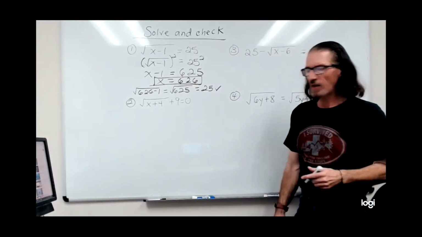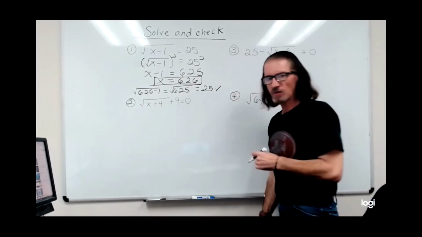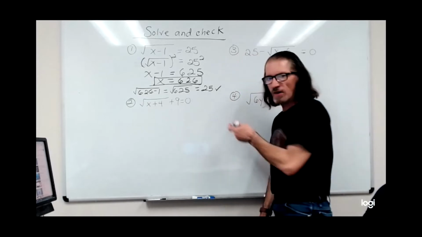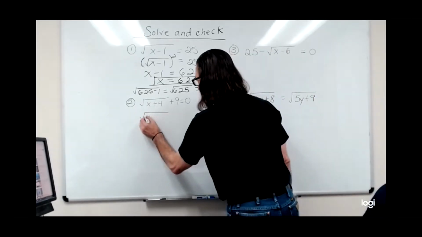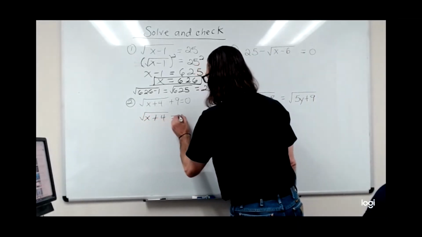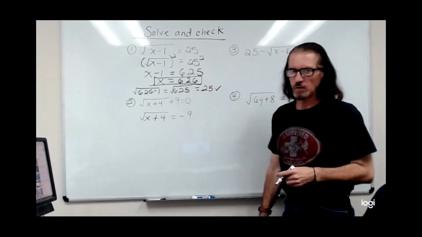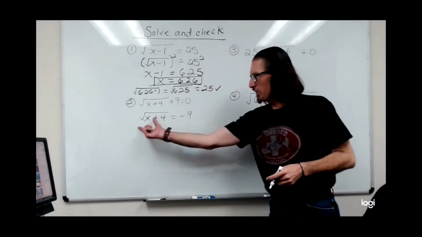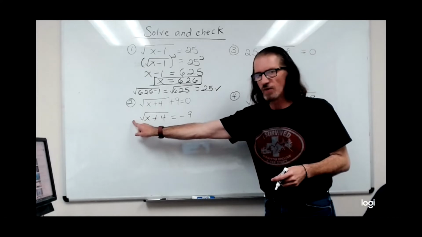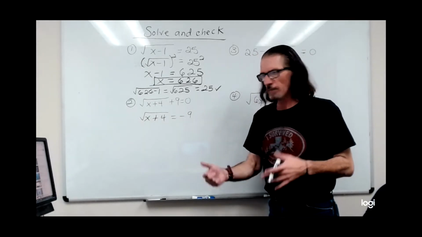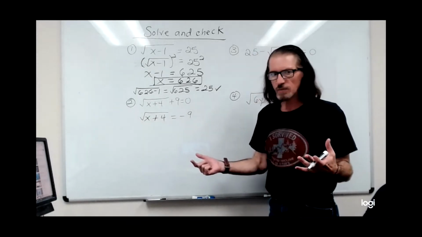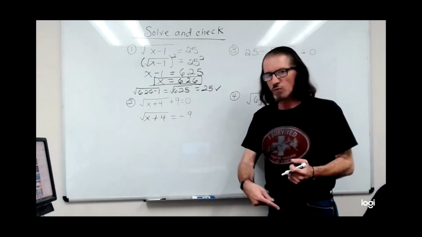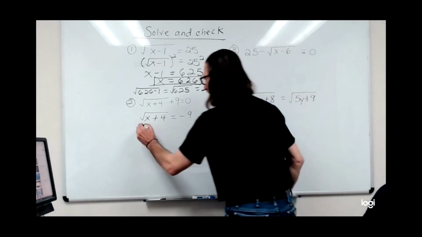However, on the second one, this is not isolated, so I'm going to have to subtract 9 from both sides. Right off the bat, that should be a signal that there's a problem, because this doesn't have a negative in front of it. We should be thinking maybe there's not a solution. Suppose you don't catch that and you square both sides.